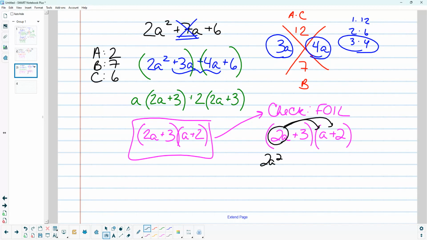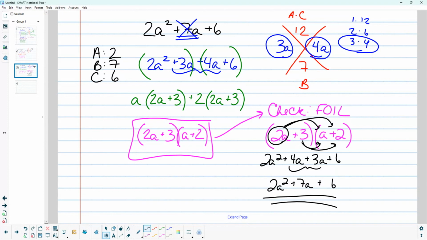And then 2a times 2 is plus 4a. And then 3 times a is 3a. And then 3 times 2 is 6. And then you've got to combine like terms here. So you get 2a squared plus 7a plus 6. And this should be exactly what you started with way up here.